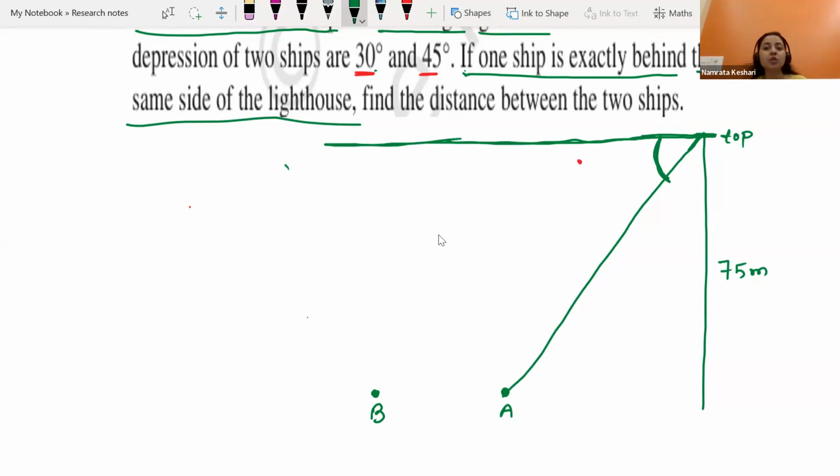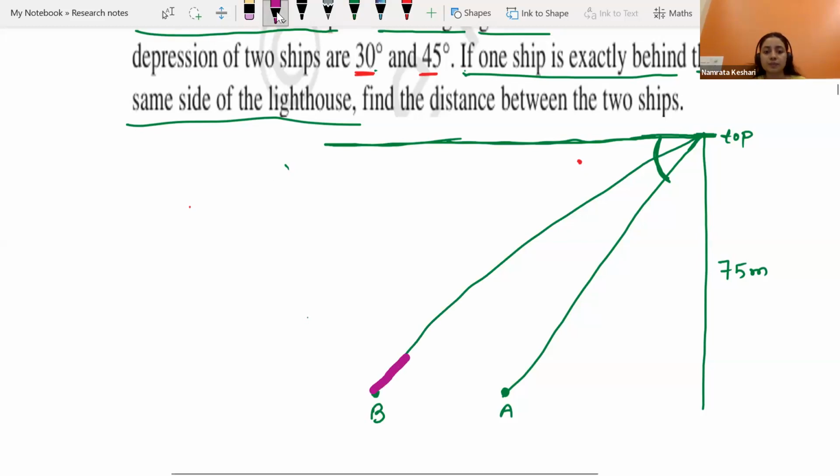Now from the same top, the angle of depression is there for ship B also. As observed from the same top, there is another ship, ship B. Let me maintain the color. This one's angle of depression, that means we always get the angle of depression with the horizontal line.